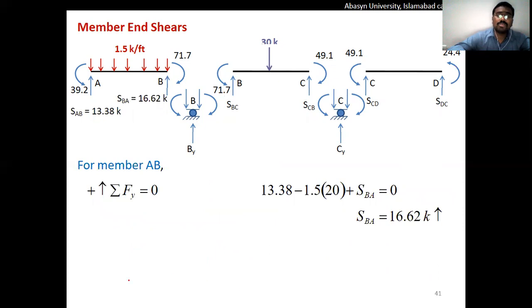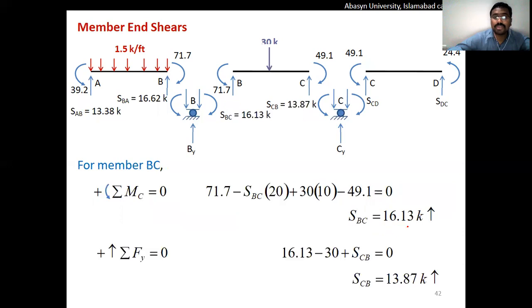Similarly, we then use the equation of equilibrium, summation Fy equal to 0, to calculate the value of shear BA, which comes out to be 16.62 kips. Then we move to the other member, that is member BC, and repeat the same procedure. We apply the moment equation at a point equal to 0, and then apply the summation of Fy equal to 0 to calculate the shear at BC, and then we calculate the value of shear in CB.